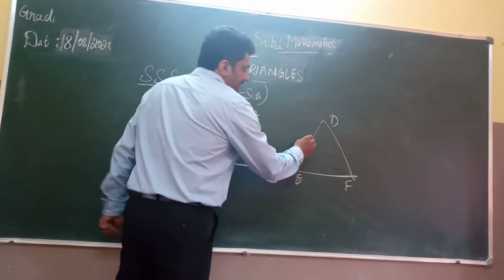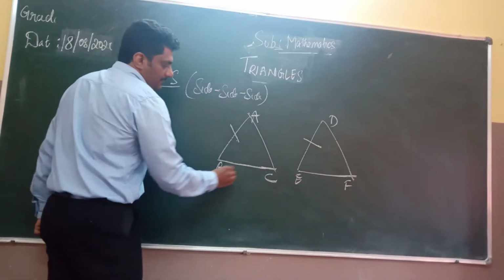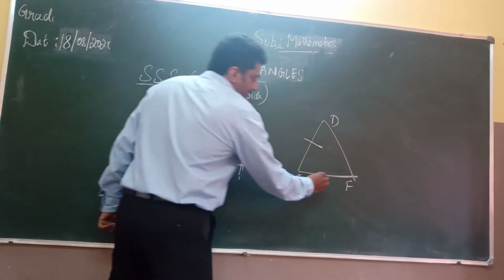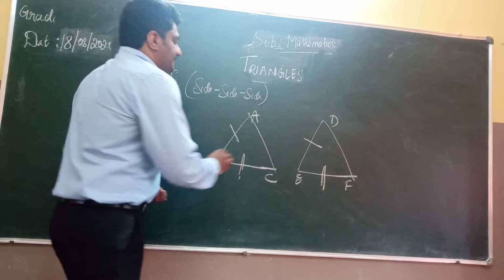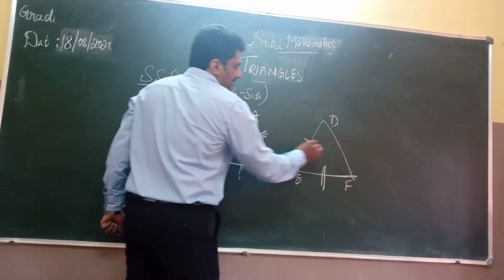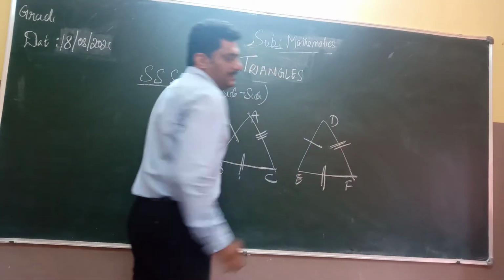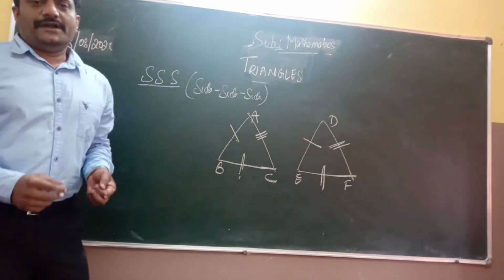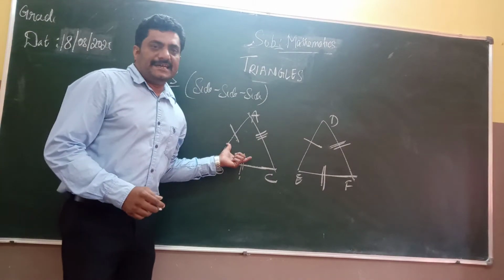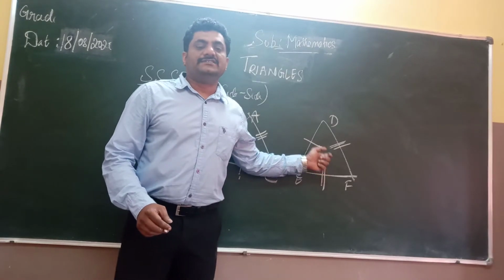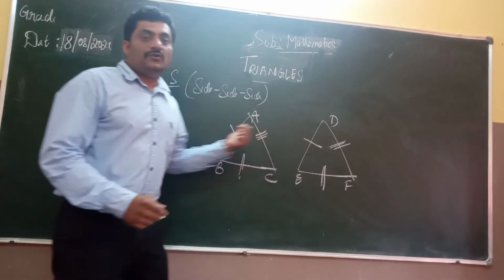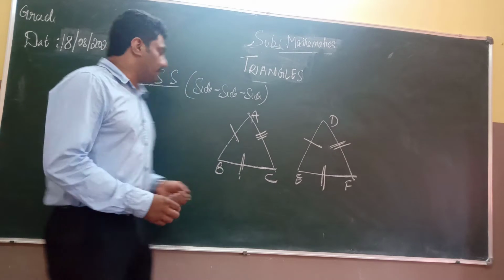AB is equal to DE. BC is equal to EF. And then AC is equal to DF. Now in this criteria what happens? All the sides of one triangle are equal to all the sides of the other triangle. Then both the triangles are said to be congruent.